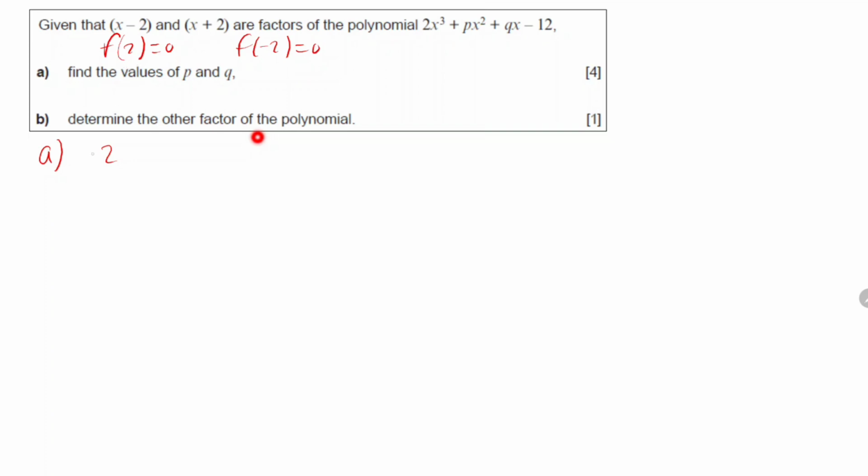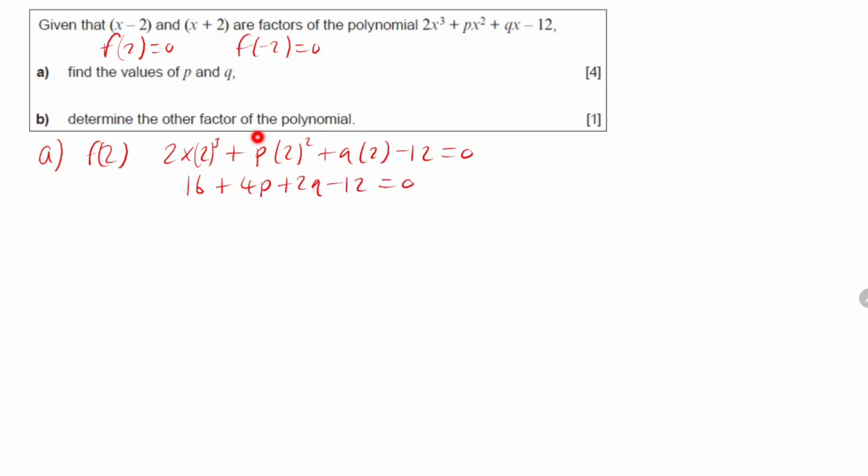So the first one, when f of 2, that gives us 2 times by 2 cubed plus p times by 2 squared plus q times by 2 minus 12 equals 0. 2 cubed is 8 times by 2 is 16 plus 4p plus 2q minus 12 equals 0. 16 minus 12 is 4, so 4p plus 2q plus 4 equals 0.